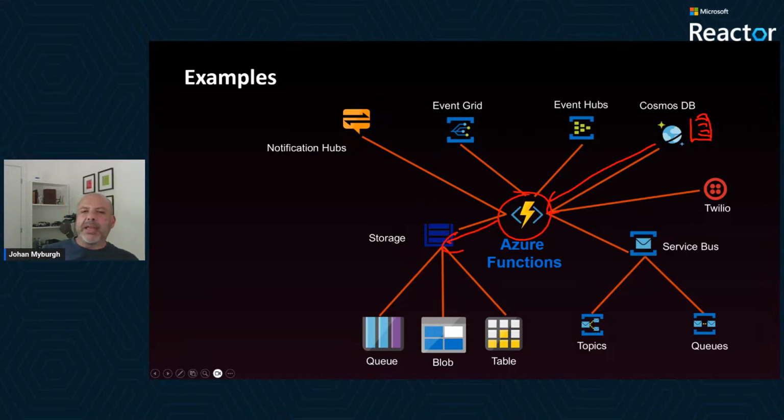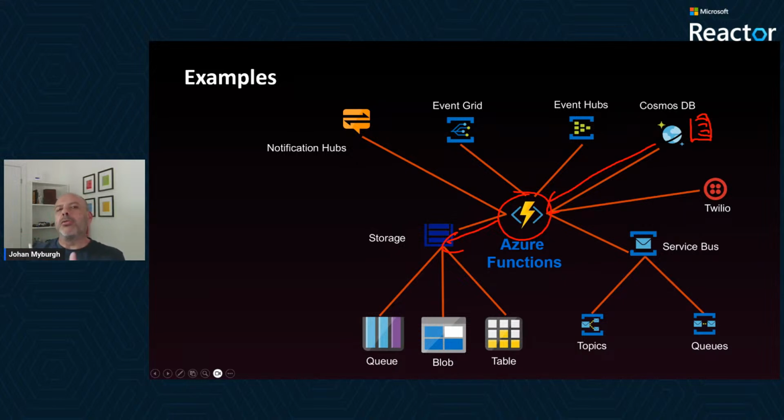So I want you to keep in mind, when we're talking about functions, we're talking about triggers, and triggers are what starts or kicks off the function. But then we also have the concept of input-output bindings. So if you want to integrate into some of our Azure services, you don't have to go and write all that scaffolding code.